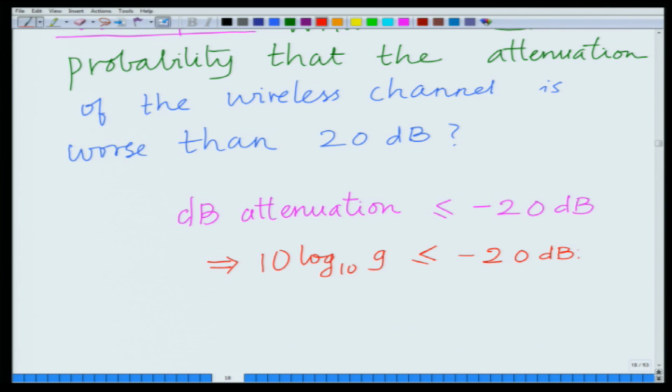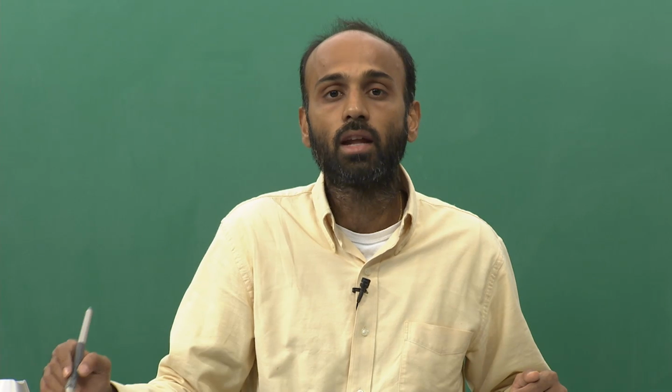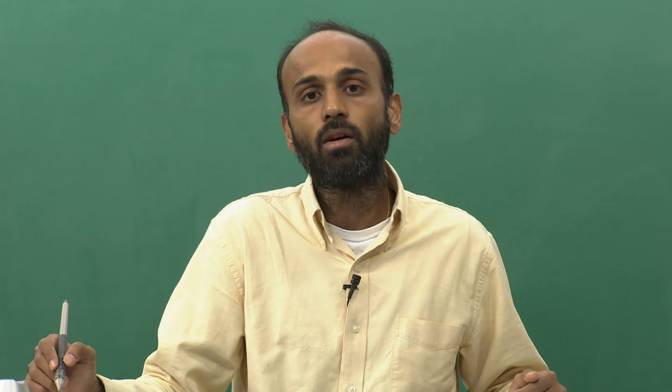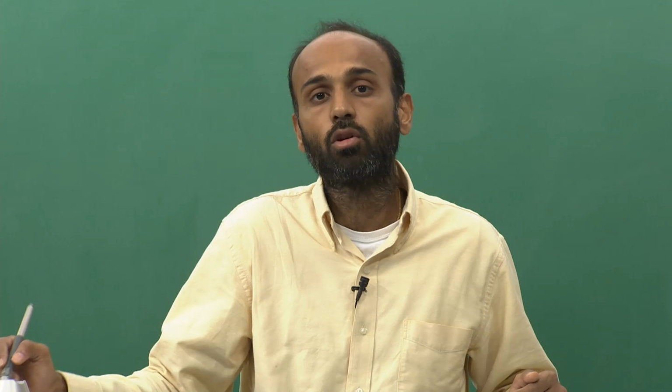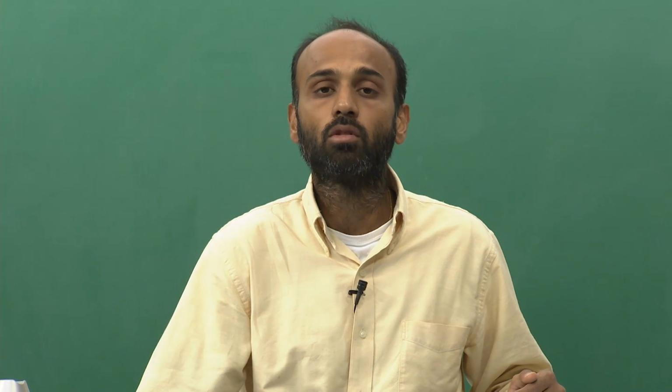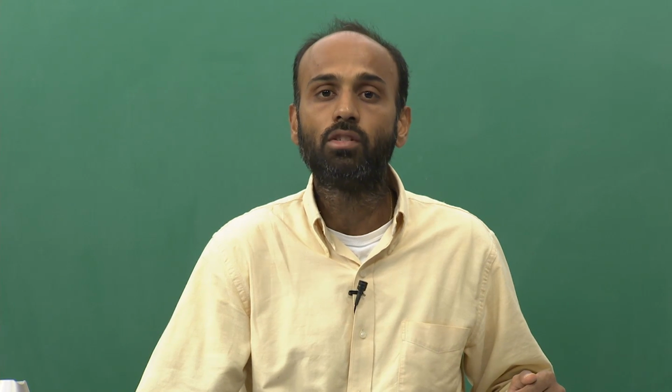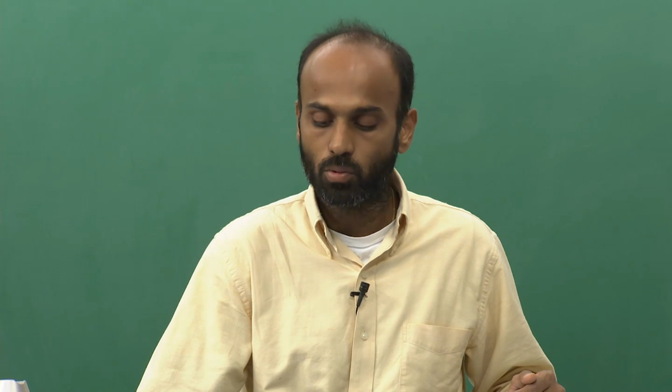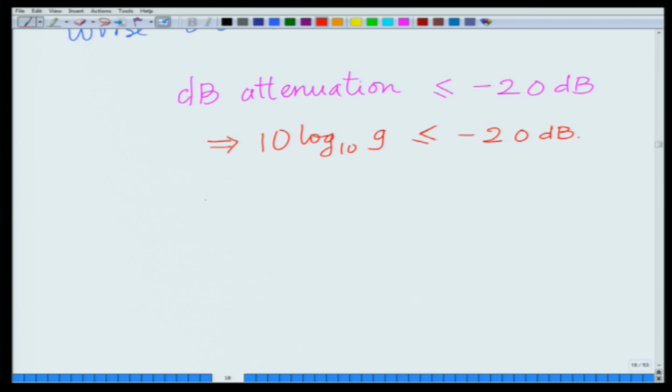Remember, the power gain in dB is 10 log to the base 10 of G, and for attenuation to be worse than 20 dB, this has to be less than or equal to minus 20. So 10 log to the base 10 of G is less than or equal to minus 20, which basically implies that G is less than or equal to 10 to the power of minus 2, which is equal to 0.01.